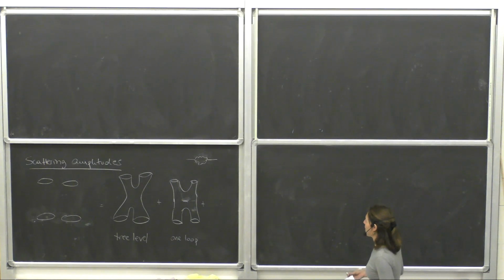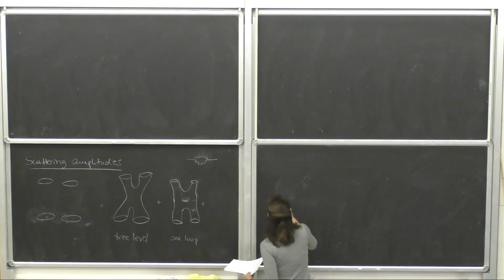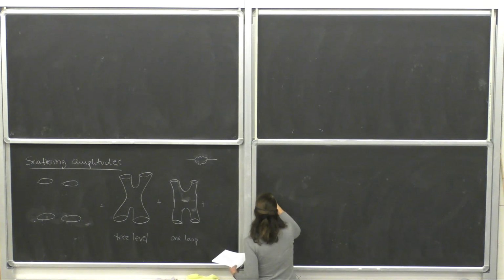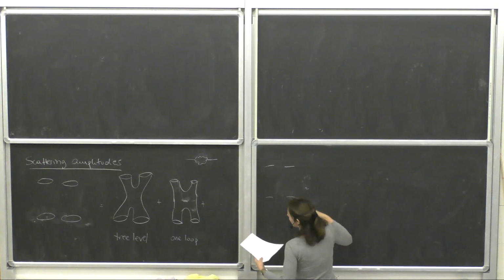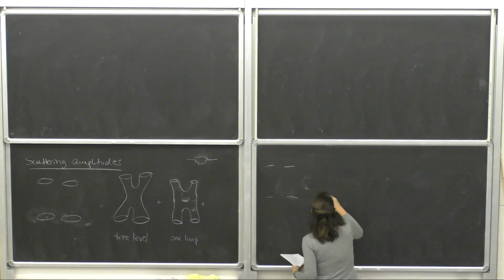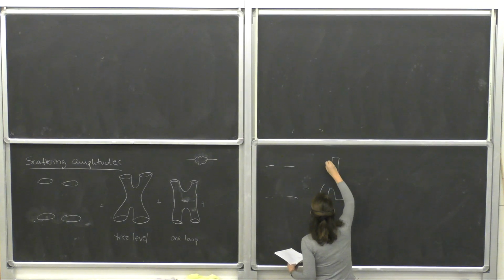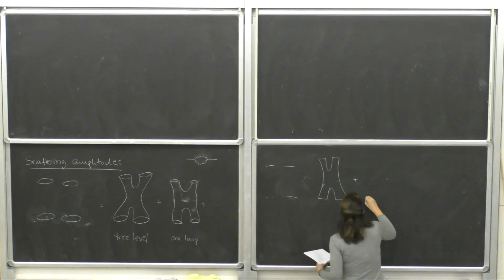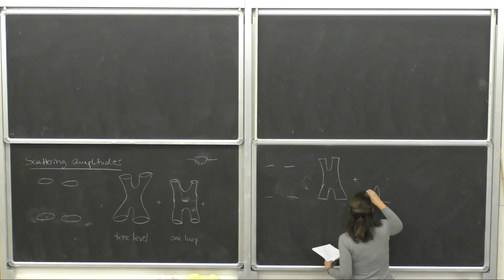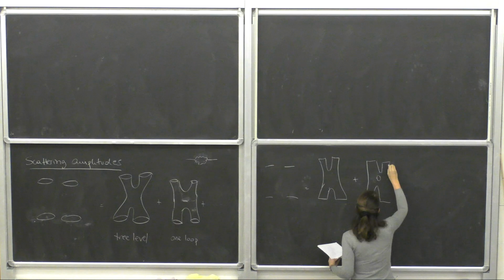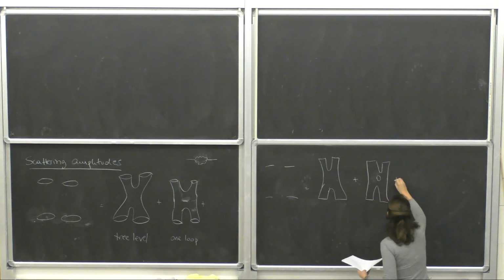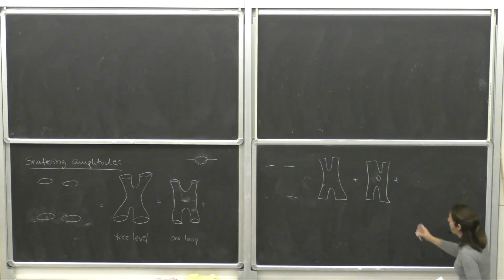And also things are much nicer because, if you do an open string, I want to do two open strings joining: the two combine into one and then they split, or I have this thing, and here there is a hole, or I can put the hole in the middle. It's the same. Where you put the hole is exactly the same. So again, 3 level, 1 loop.